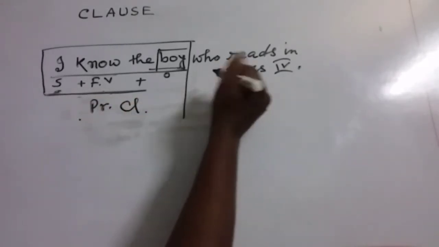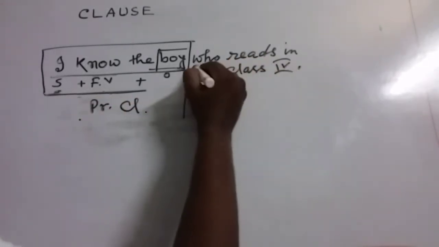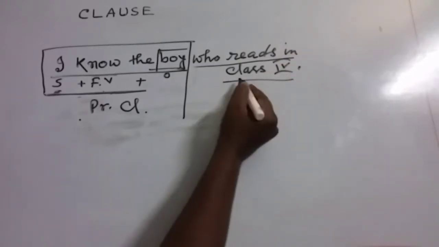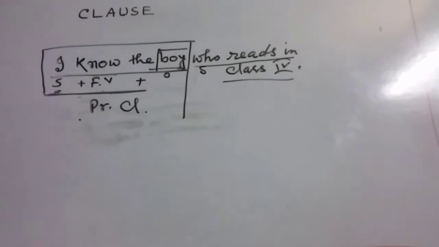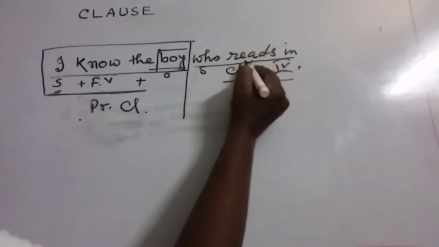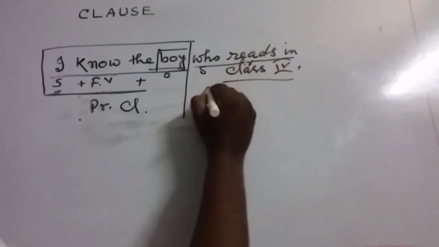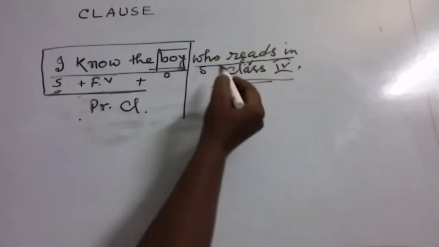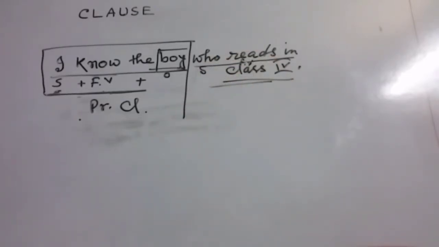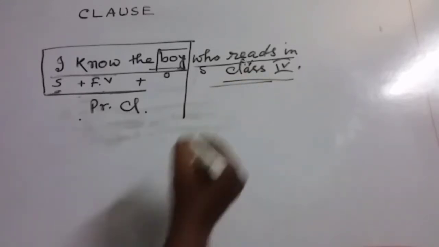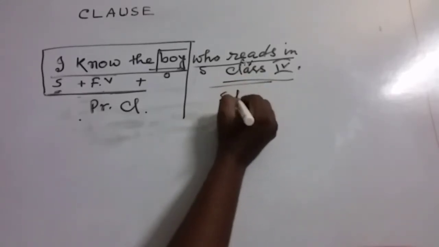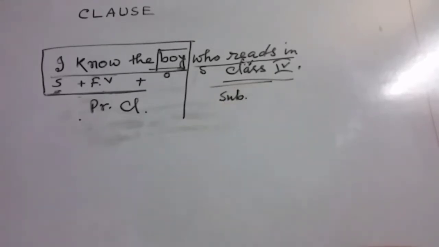And you can look at this part, who reads in class 4. This is a group of words. Who may be used as a subject, and reads is the finite verb, so this is also a clause. But this part is dependent, because it cannot give us a complete sense, so it is called a subordinate clause, or a dependent clause.